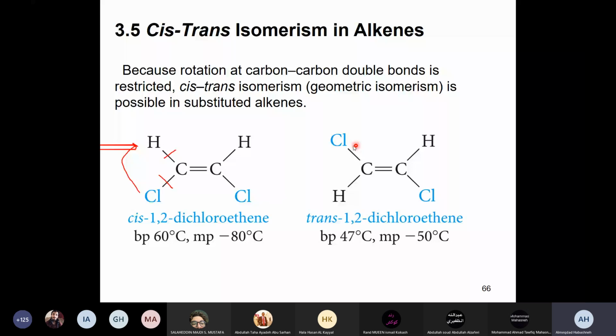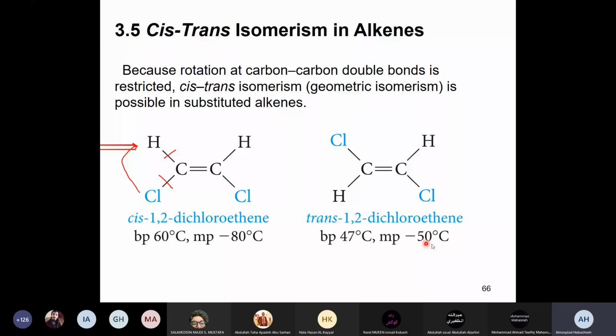Those two compounds are configurational cis-trans isomers. By the way, the cis compound has melting point minus 80, while the trans has melting point minus 50. So those are two different compounds.